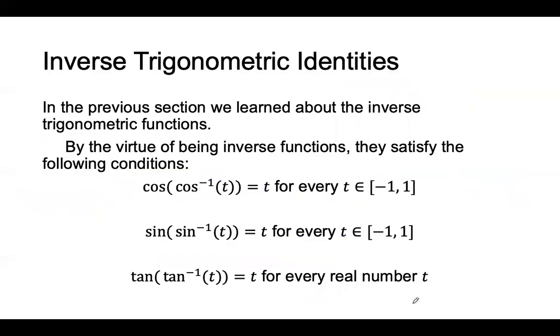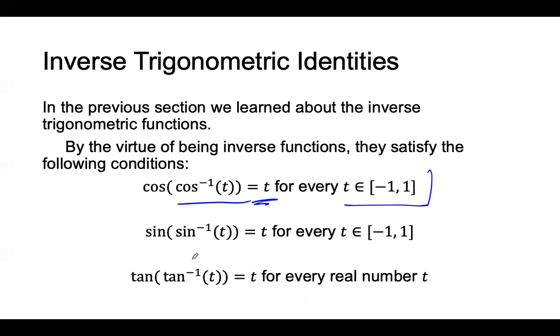Okay, inverse trig identities. In the previous section, we were talking about the inverse trig identities. By virtue of these inverse functions, they satisfy the following conditions. The cos of cos inverse of t is equal to t for every t between -1 and 1.